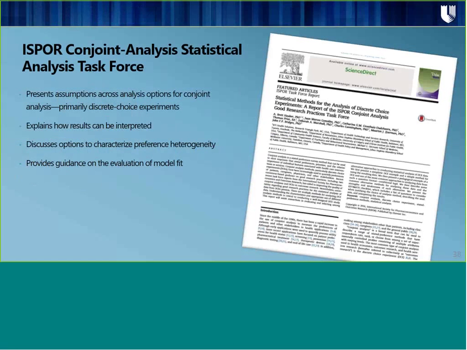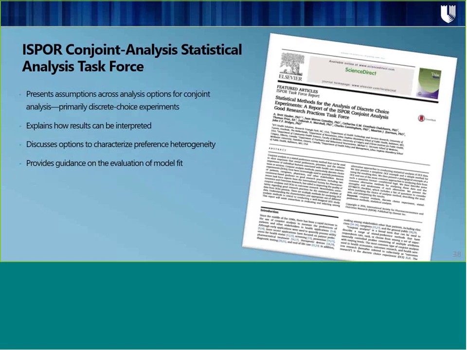Very important to mention that there have been several efforts to try to code sort of good practice when it comes to analysis. The ISPOR task force was released in 2015, I believe. They have several task force reports. This one was specifically about good practices for the analysis of discrete-choice experiment data. And it's a great document to go through.